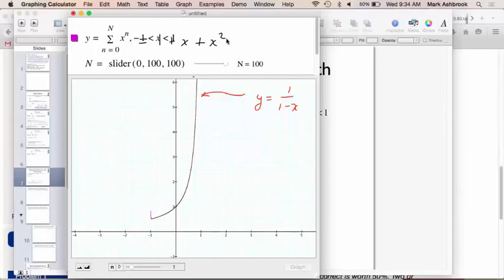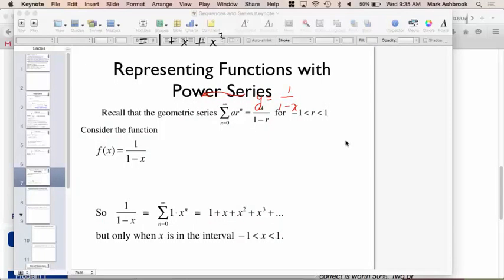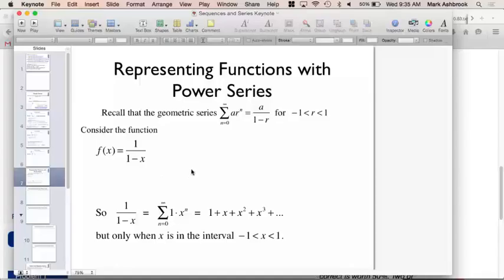And now this is the first 100 terms, all the way up to adding x to the 100th, and to the naked eye you can't see the difference, right? There's no daylight between them. So if we were able to add all infinitely many terms in that polynomial, we would have the graph of 1 over 1 minus x between -1 and 1. And we showed that's true by looking at this as a geometric series.